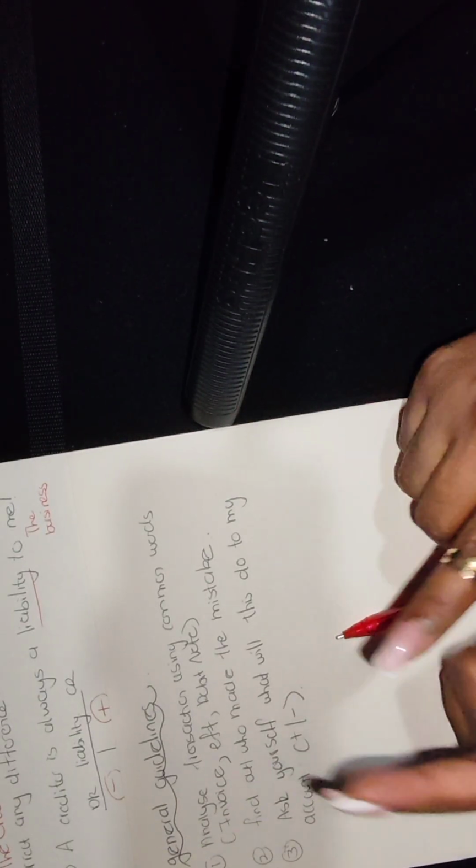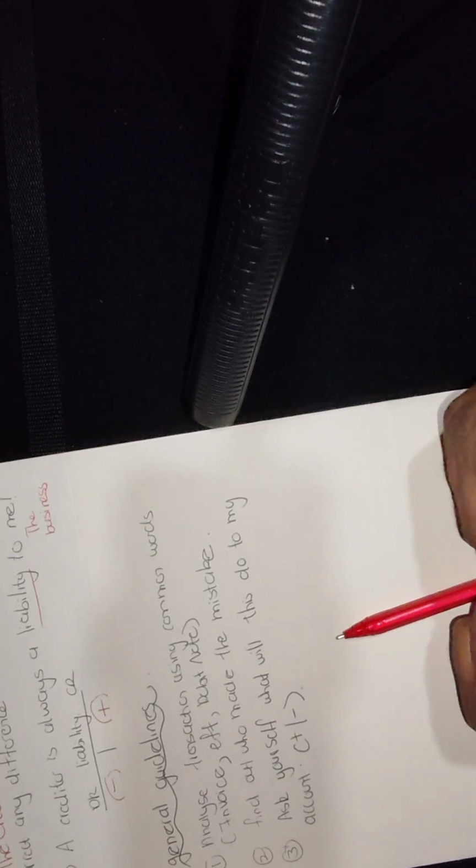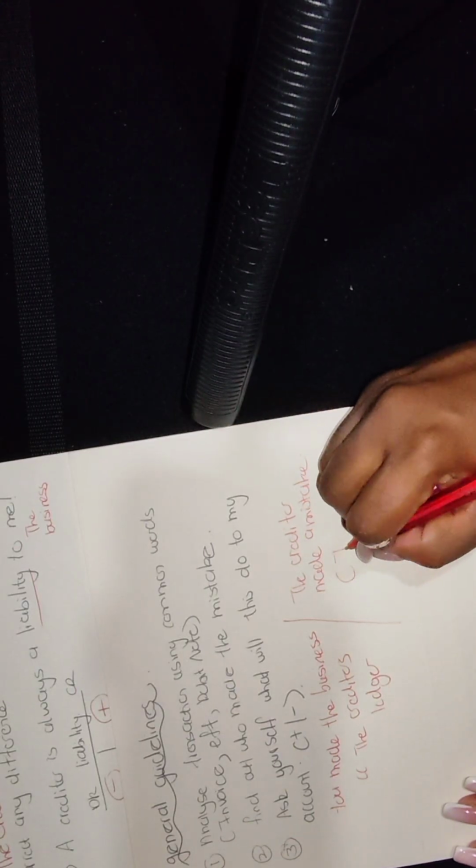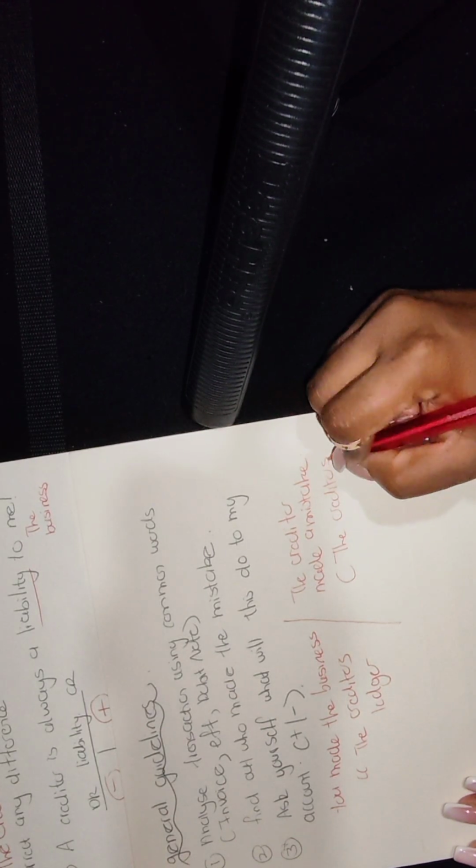If you made the mistake, meaning the business, you're going to correct in the creditors ledger. But if the creditor made a mistake, you're going to correct the creditor's statement.